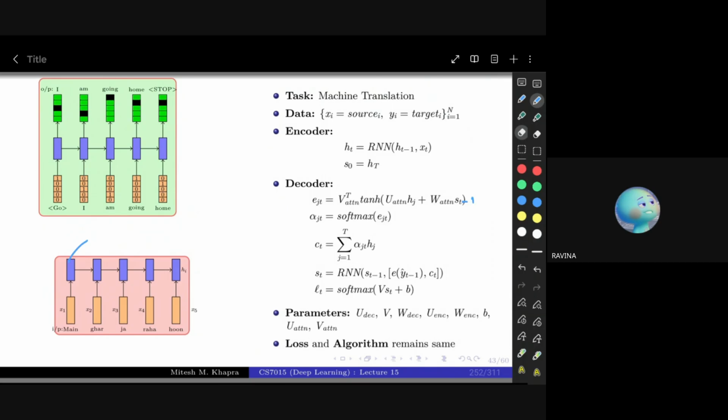For that contribution part, we normalize using softmax. So finally we'll have all these alpha_jt. They will be in the range 0 to 1, and the summation of them will become 1, right?